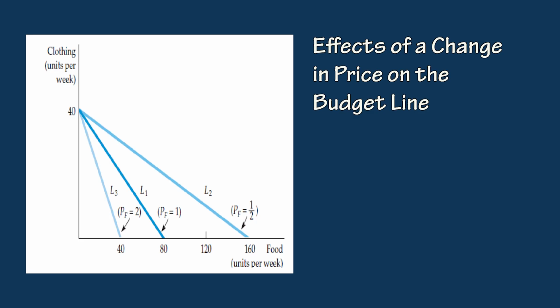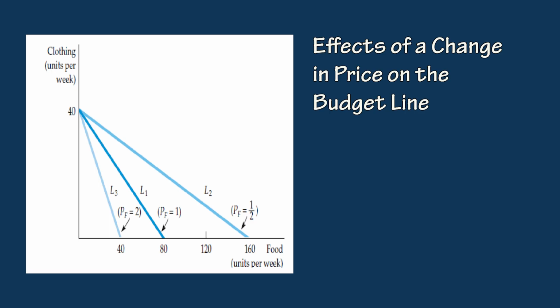Starting again from L1, L2, L3, as the price of food rises, where PF is equal to 1 for L1, let's say we keep PC, the price of clothing, constant. PF by PC is the slope of the budget line.